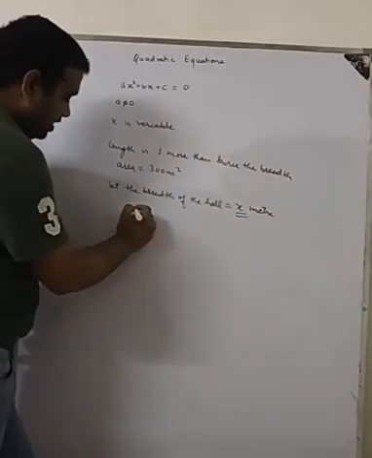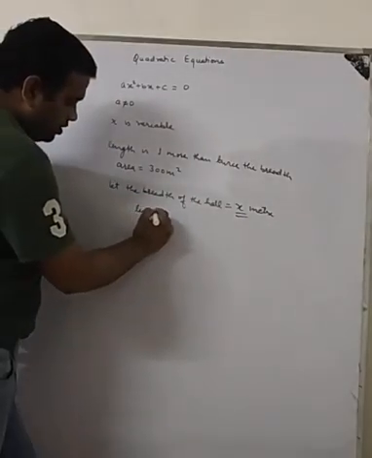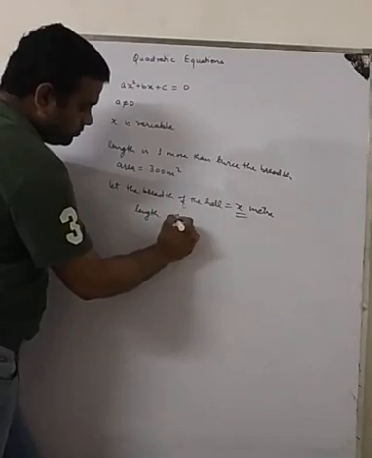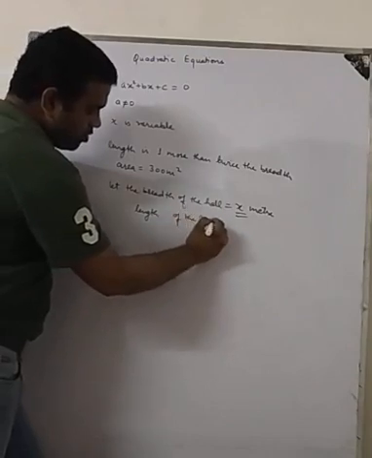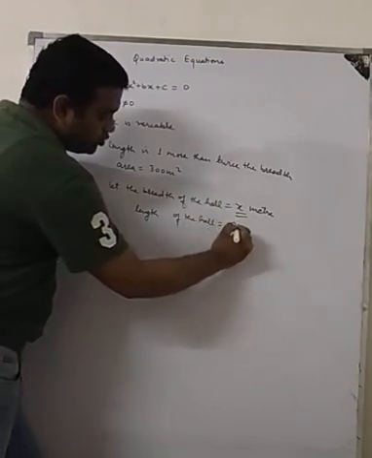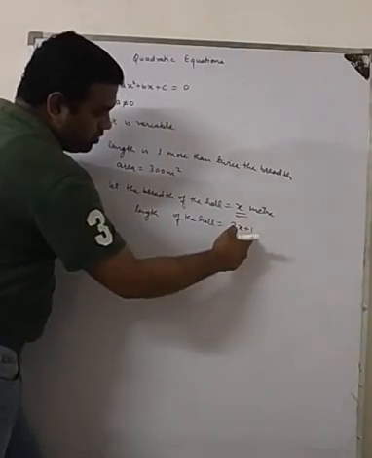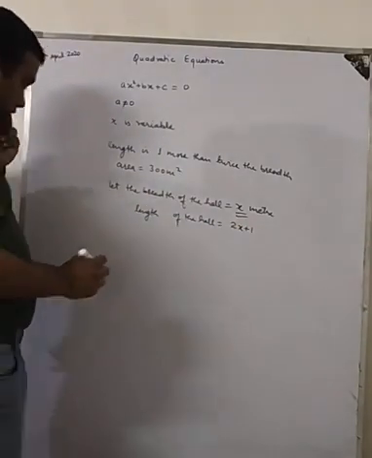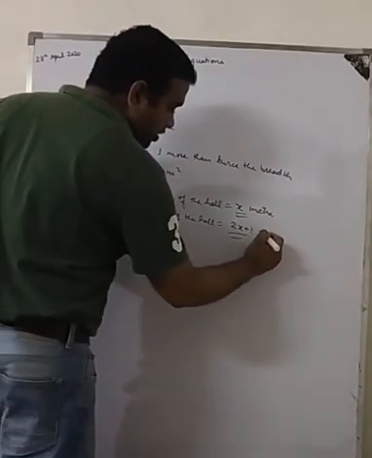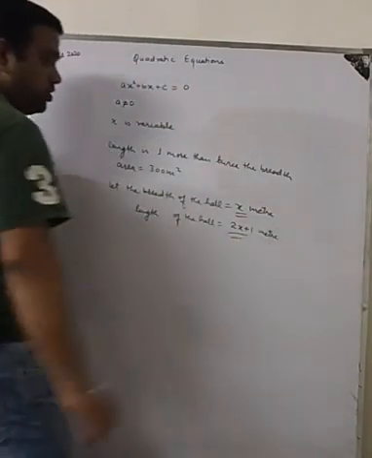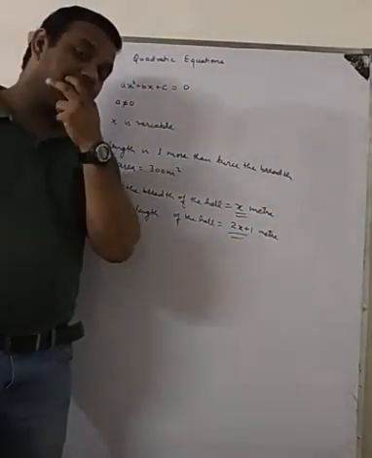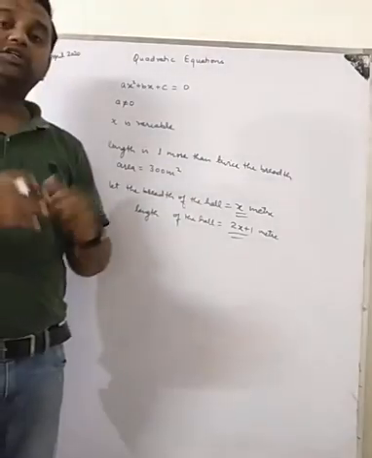So what will be the length? The length will be 1 more than twice the breadth. So this will be 2x plus 1 meter. We also know that if the length and breadth is given, it's a rectangle.